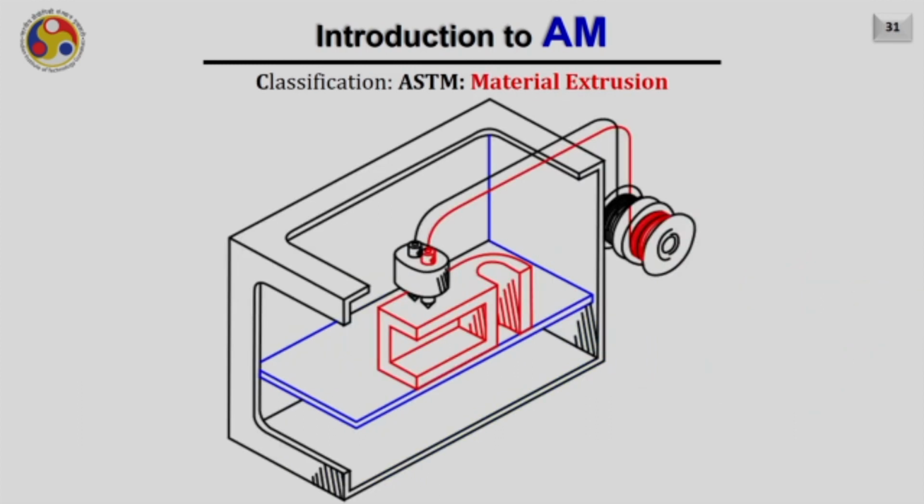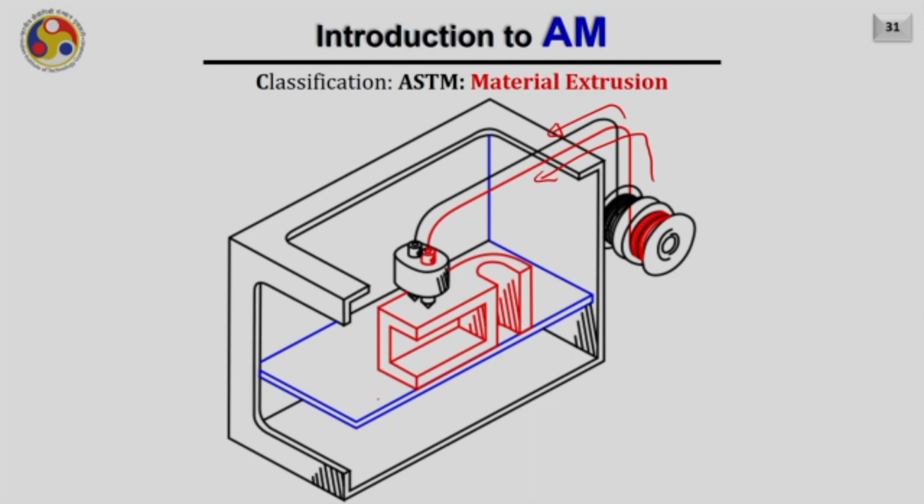Next is material extrusion. This one is the most exploited additive manufacturing technology. Here we have two wires, one of the main material and another for the support material. Wherever there is an overhang, the support is deposited first and then on top of it the main material is deposited.